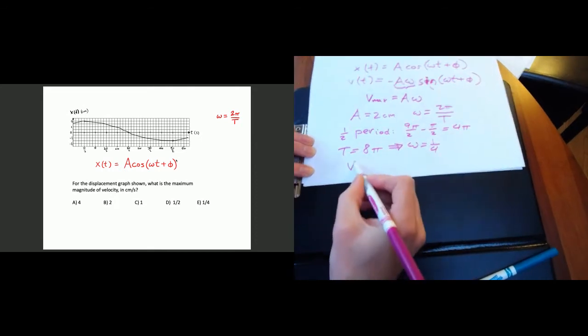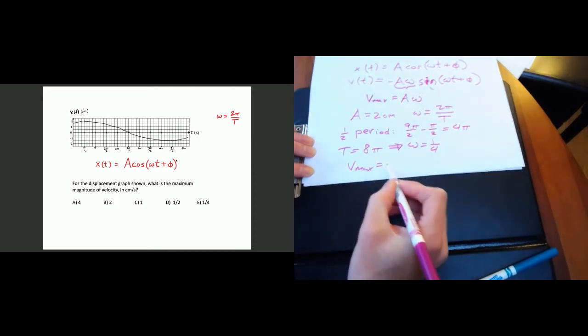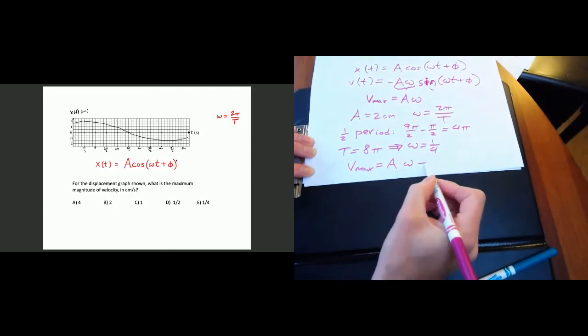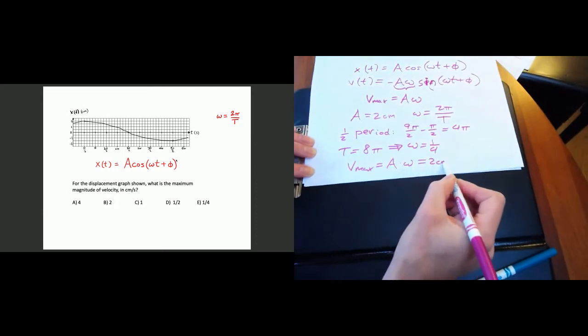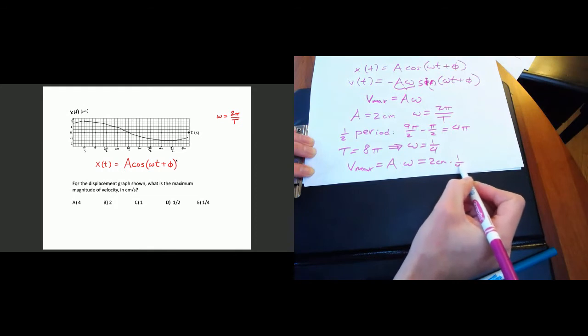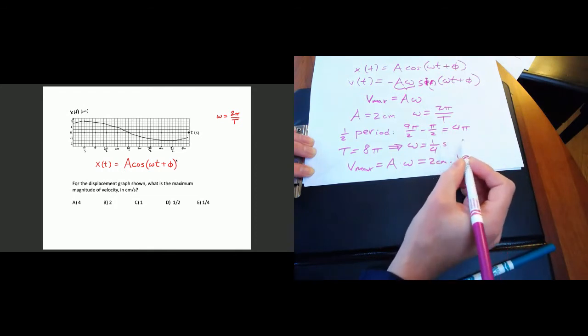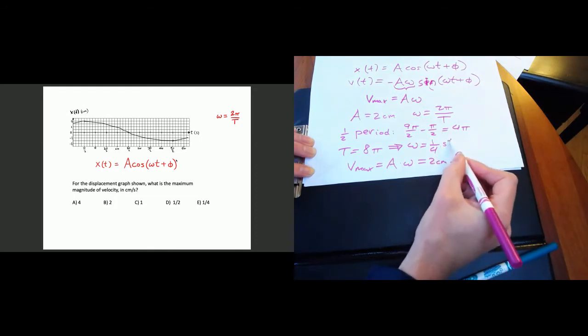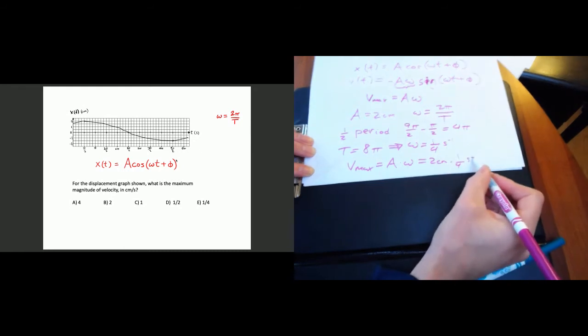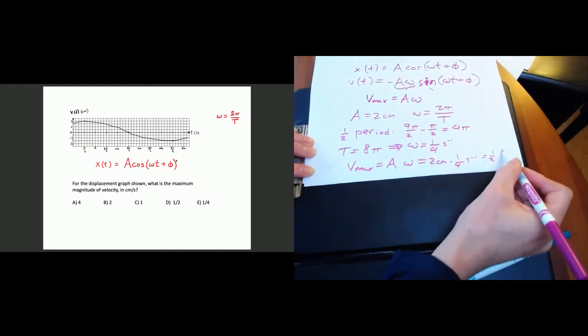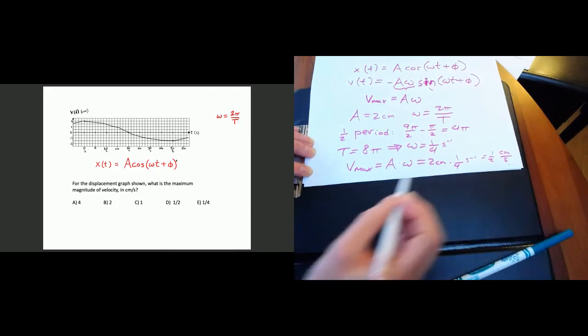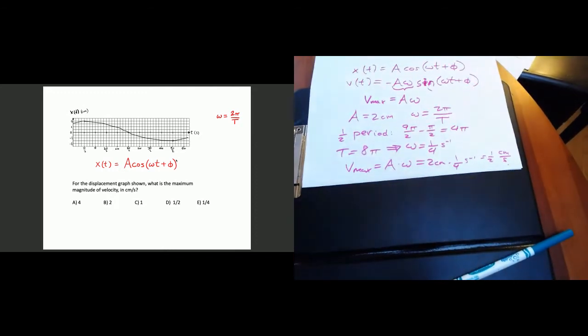And so V max equals A times omega, which is equal to 2 centimeters times 1/4. This should be seconds inverse. And so that's 1/2 centimeter per second. Okay, so the answer for that one is D.